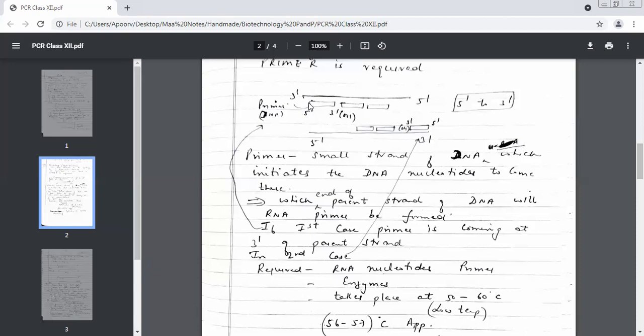Anneal means to add. What have we added to these strands of DNA? Primer. Very good. Always remember the word primer.